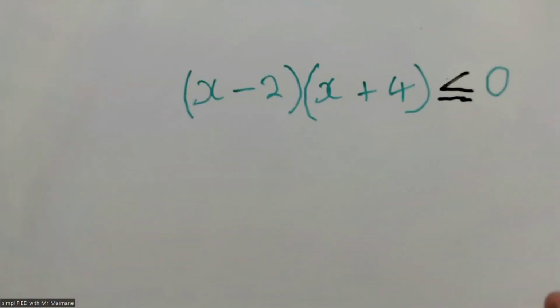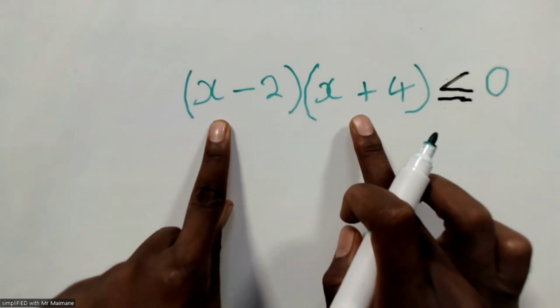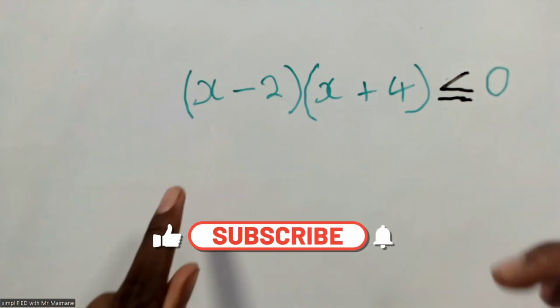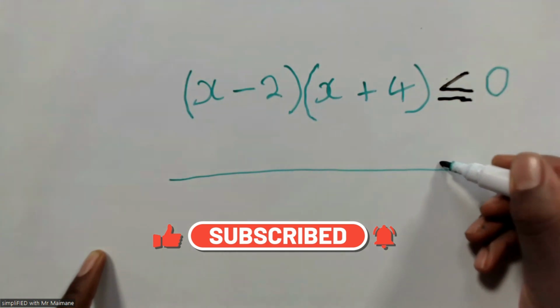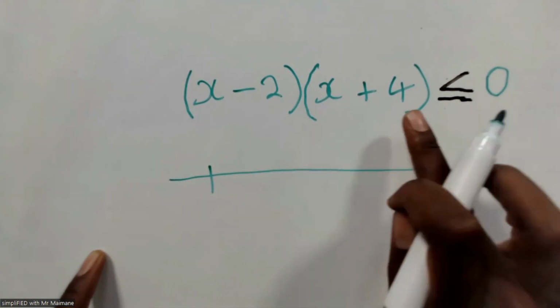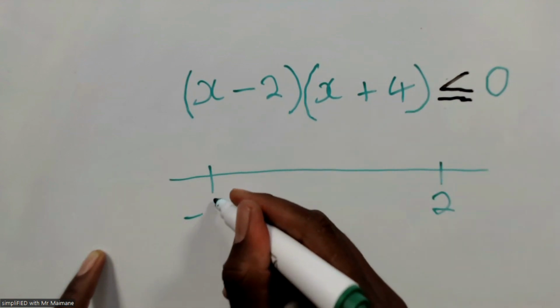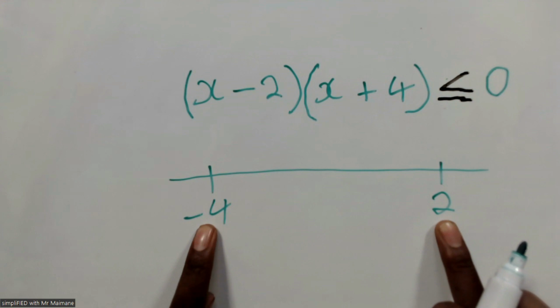Now, things change. Instead of greater, after simplifying, we find that our equation ends up being this, less than 0. Again, to get the solution of this, I put everything on a number line. I know that if this was an equal sign, x would have been positive 2, and also x would have been minus 4. 2 is the bigger number, minus 4 is the smaller number.